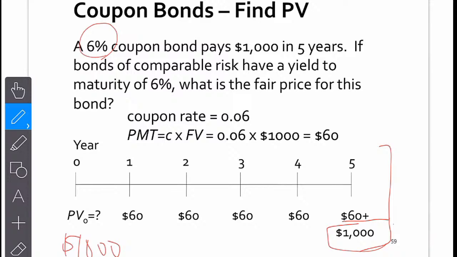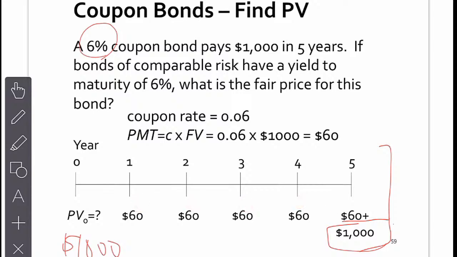The only reason this is worth it is because you're going to get 6% coupons, in other words, $60. So you're getting your interest through your coupon payment every period, and then you get your $1,000 back. That's what you're getting for loaning the money. So it's 1,000 to get 1,000, but you get paid the interest payments over the period.